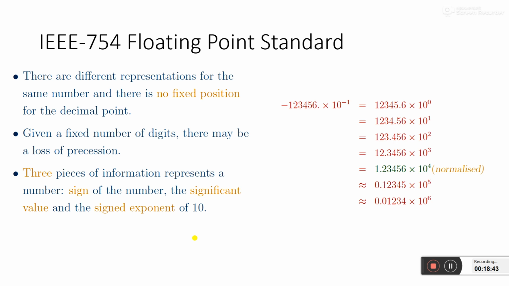Now what is normalization? You can see here that if I have a number like this one, then this is not normalization. When 1.23456 is there, then it is a normalization case. In this case you can see that 2.235456, this is your mantissa, this is your base, and this is your exponent.